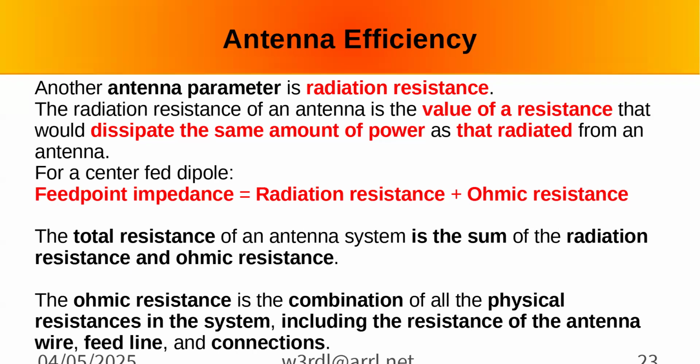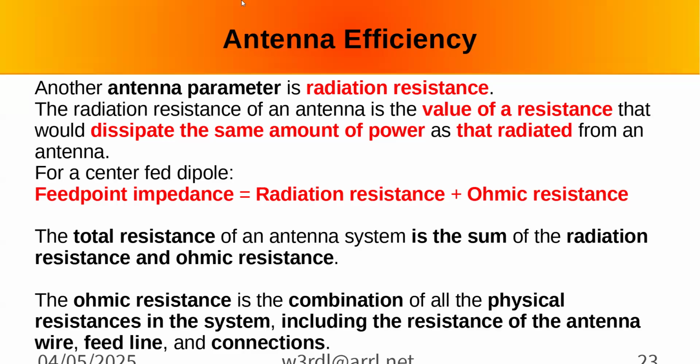So you know the current going in or the voltage on the antenna, and you actually have to somehow measure the amount of radiated power. Then you can figure out what the radiation resistance is. So it will look like a pure resistance.